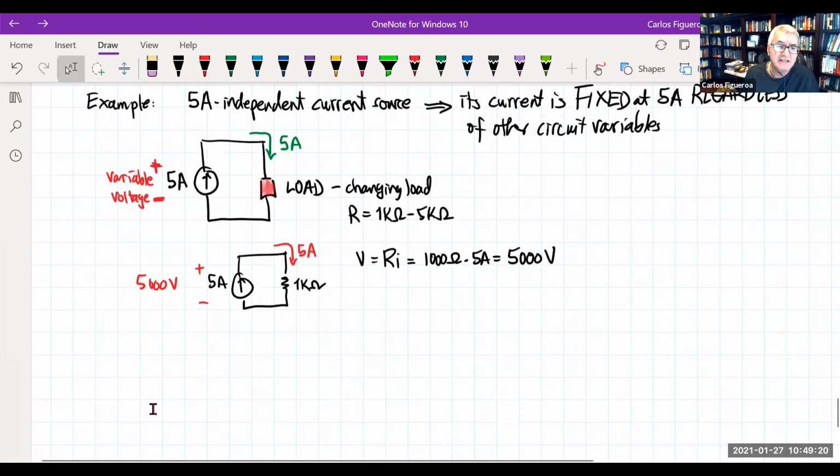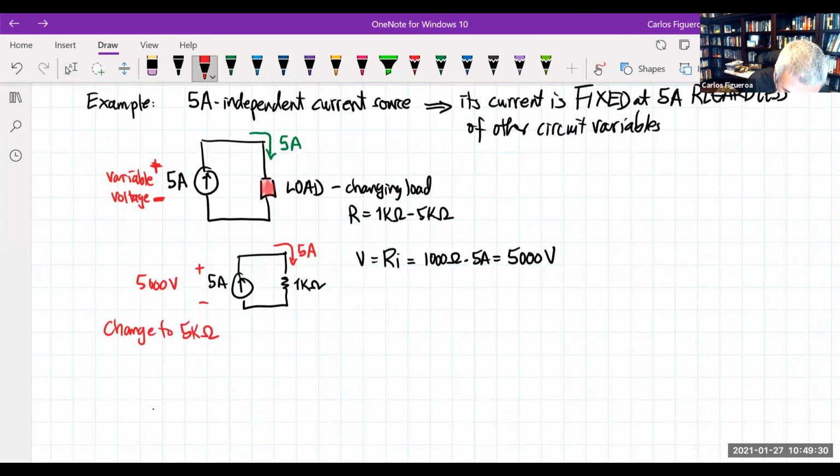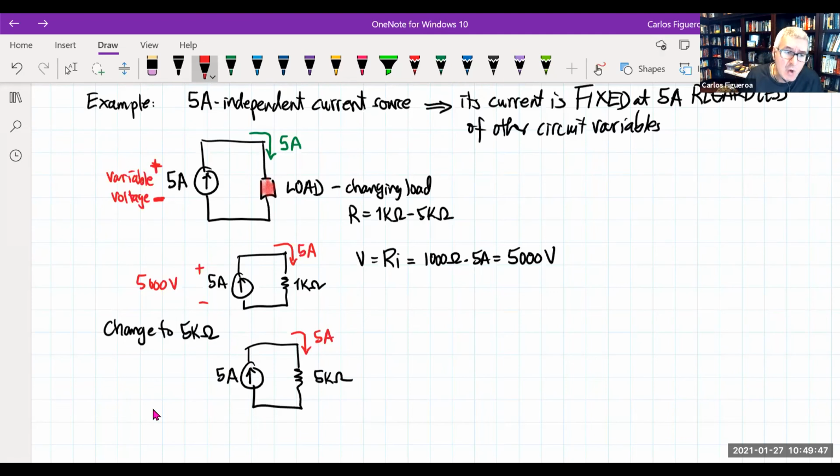But what happens if I change that to 5 kilo ohms? Right? So now I change to 5 kilo ohms. Look what happens. That current source is still going to be 5 amps. The only way you're going to get 5 amps like that is if the voltage does what? It changes.